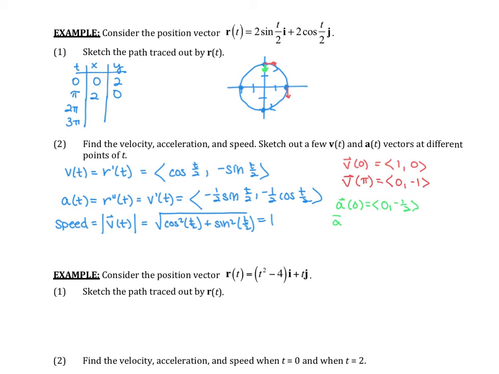And if we do the acceleration at pi, same idea, just so we can get a picture of it, it makes sense that my vector is negative 1/2, 0. So negative 1/2, 0 is this vector this way. You can see how those two vectors work together to move the particle along that position. Okay, so hit pause and then try the second example and see how you do.